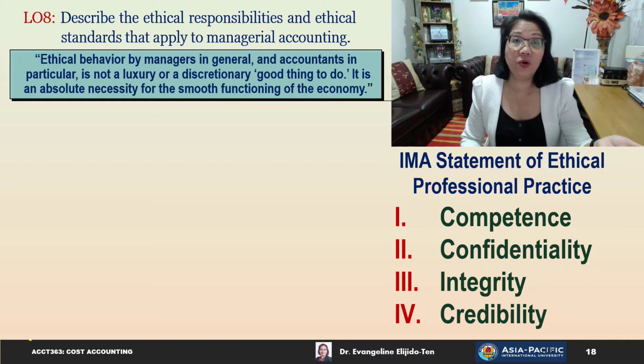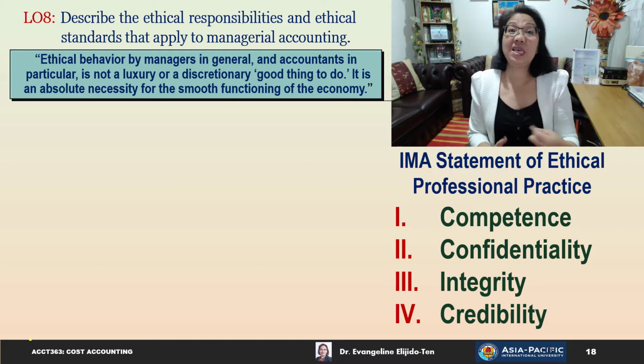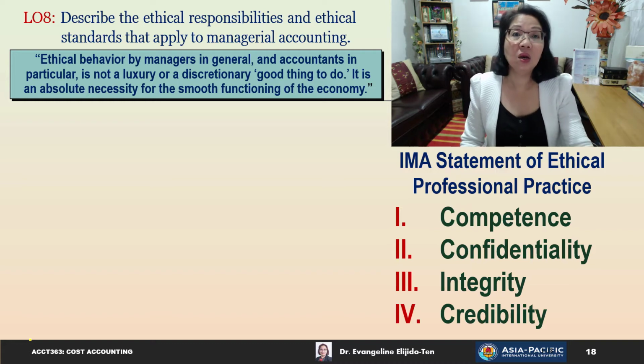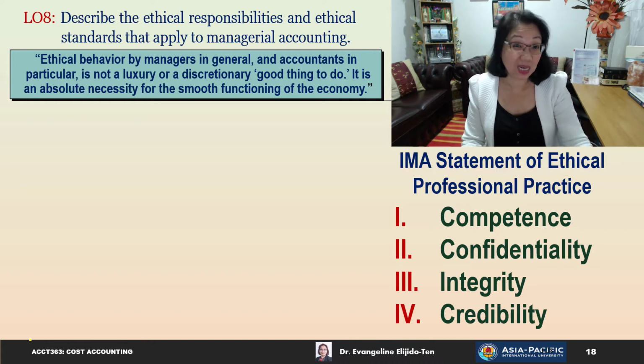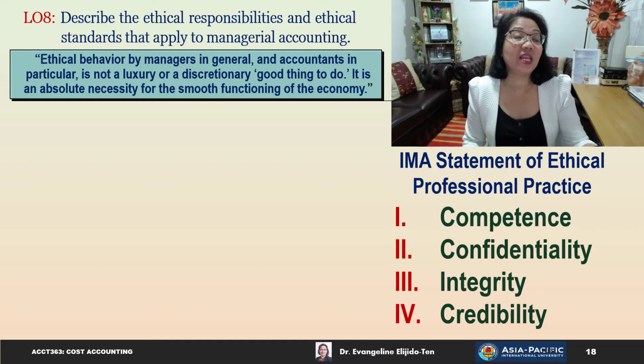You probably have heard already of the Sarbanes-Oxley Act in the United States. That's just one example of corporate governance kicking in because of many corporate scandals that had happened in the United States, particularly in the case of Enron and WorldCom. What did this Sarbanes-Oxley Act do? Well, this act, among other things, requires companies to establish, to assess, and regularly report on their internal controls over financial reporting.